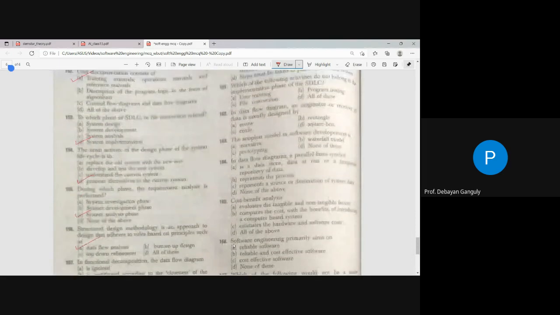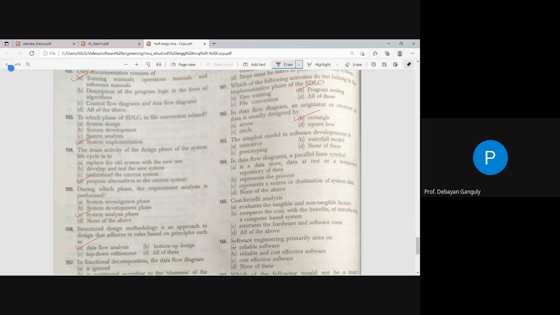And 161. Which of the following activities do not belong to the implementation phase of SDLC? That is program testing. In data flow diagram, an originator or receiver of data is usually designated by a rectangle.